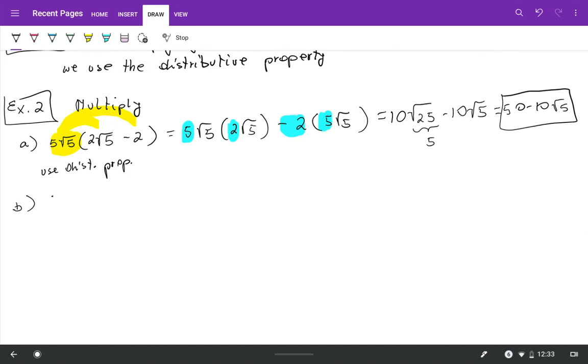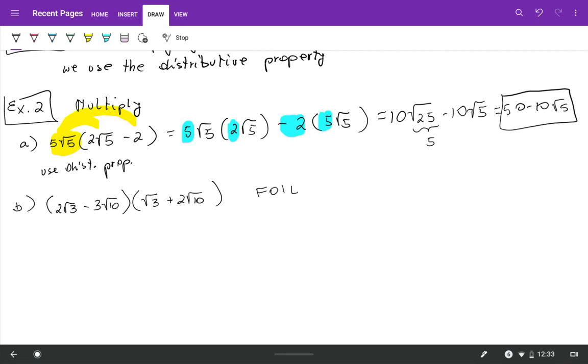We have 2 square roots of 3 minus 3 square roots of 10 times square root of 3 plus 2 square roots of 10. So here you have expression times expression. So what you're going to do here is FOIL. Okay, so here we're going to FOIL.